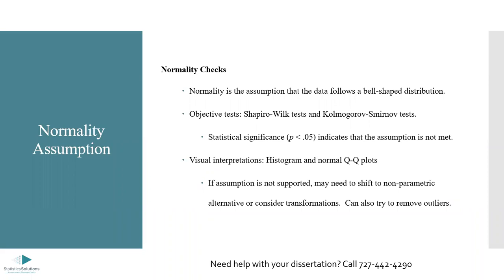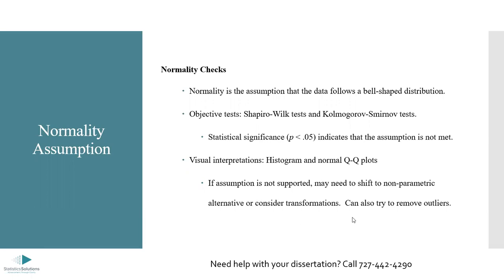Same with tests of differences. If you propose to do an independent t-test, you need to check for normality on your dependent variable. And if the assumption is violated, you can shift to a Mann-Whitney test. Or if you're doing ANOVAs, you can shift to a Kruskal-Wallis test. So that's usually the solution, is shift to a non-parametric approach.